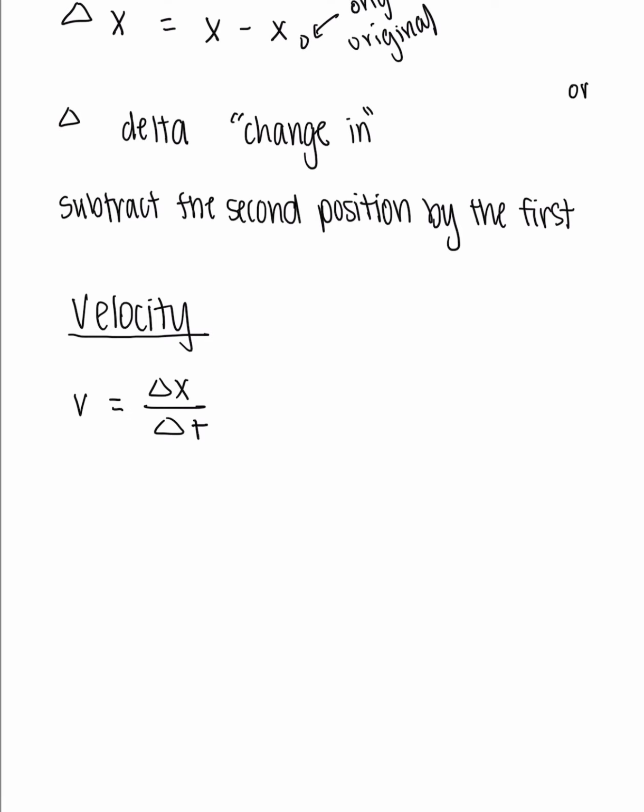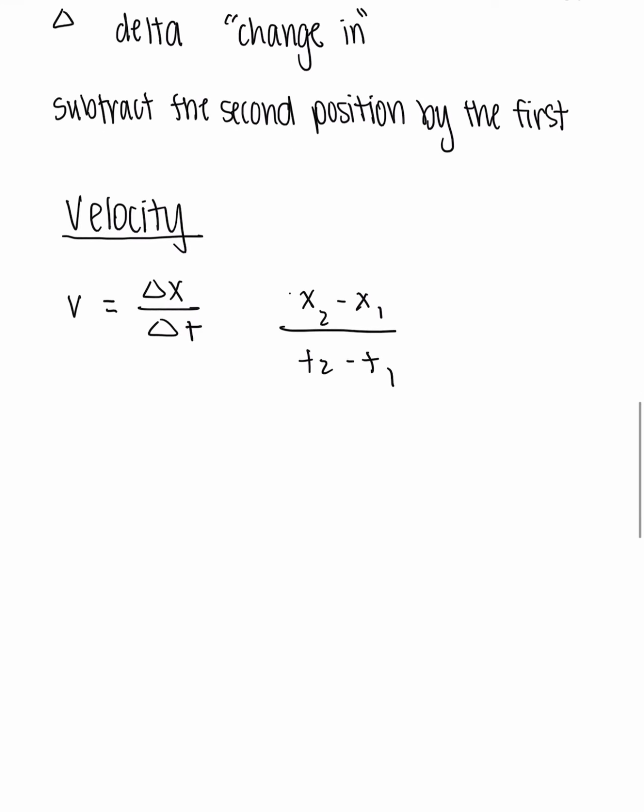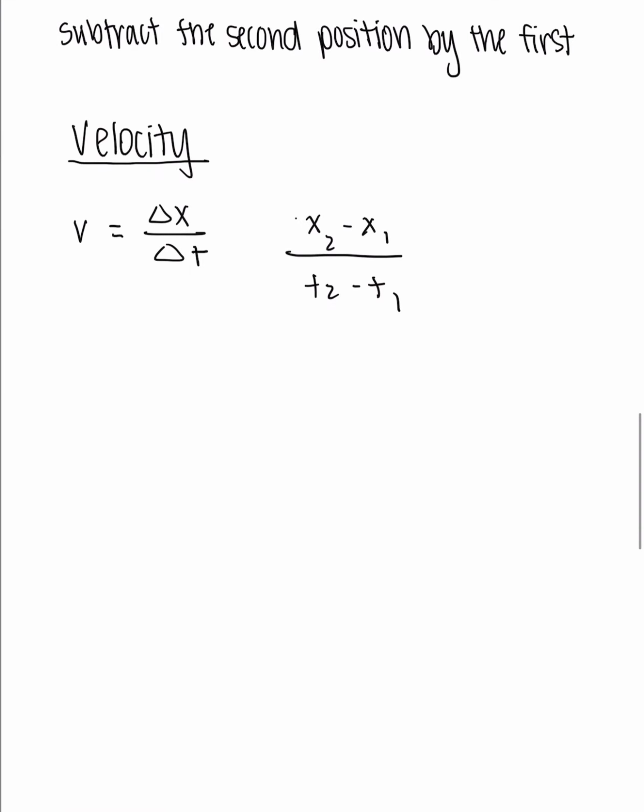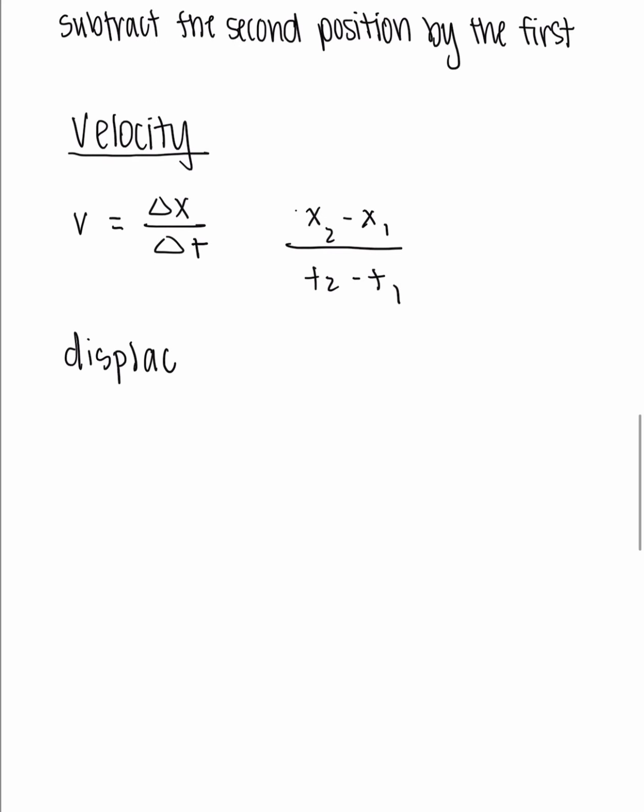This can also be written out as x2 minus x1 over t2, oh, not x, that would be t, minus t1, if we were to write out the change in. So, to find velocity, we would take the displacement and divide by the change in time.